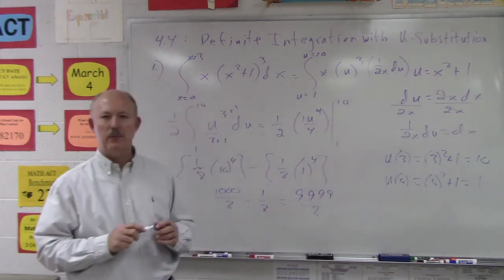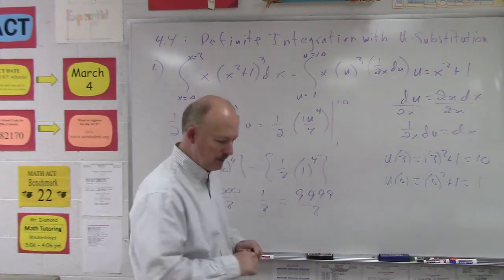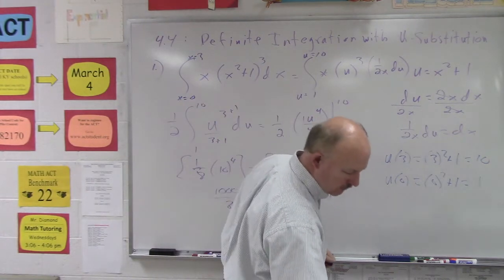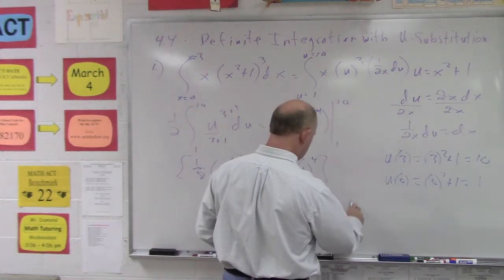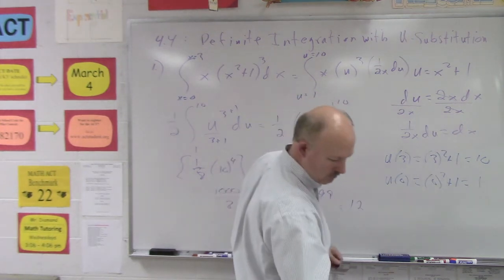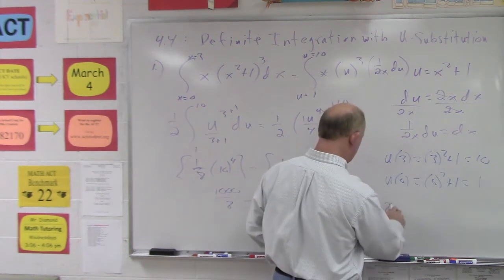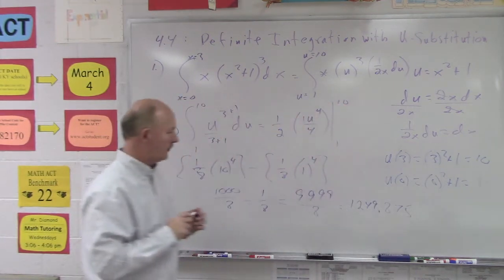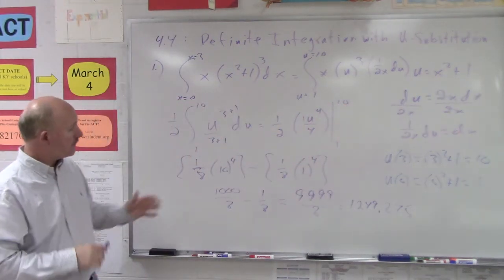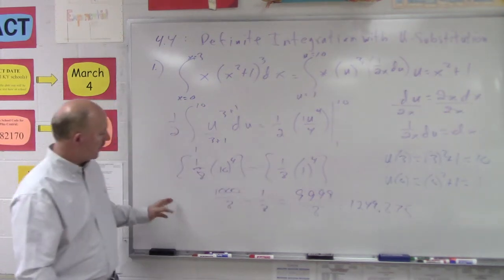So that will be our definite integral. Now, as a decimal, I believe this is 1,249.875. Right, so that would be our answer in decimal form. Okay, so this is our integration.